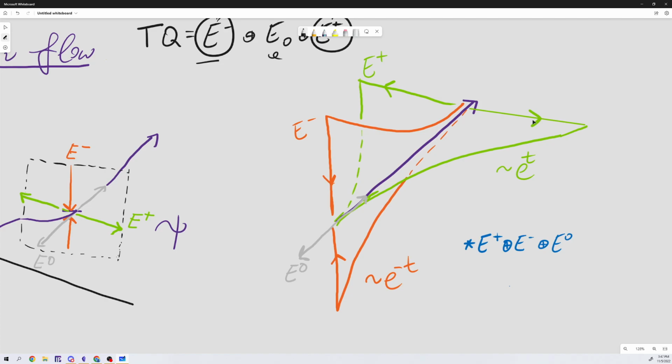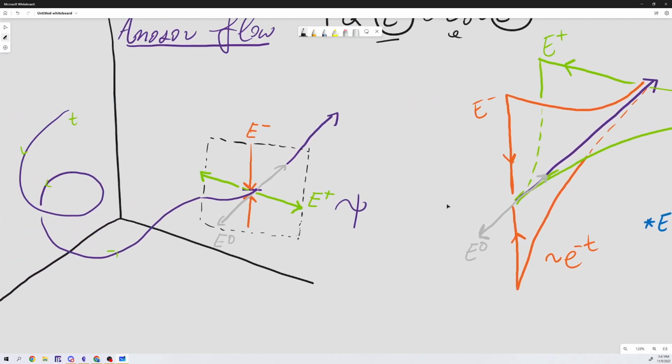But that's it for today. All I wanted to do is introduce this idea of an Anosov flow because I found it to be quite exciting, looking at what I think is a very physical interpretation, an expansion force and a contraction force on a parametric curve. I find that to be quite interesting.